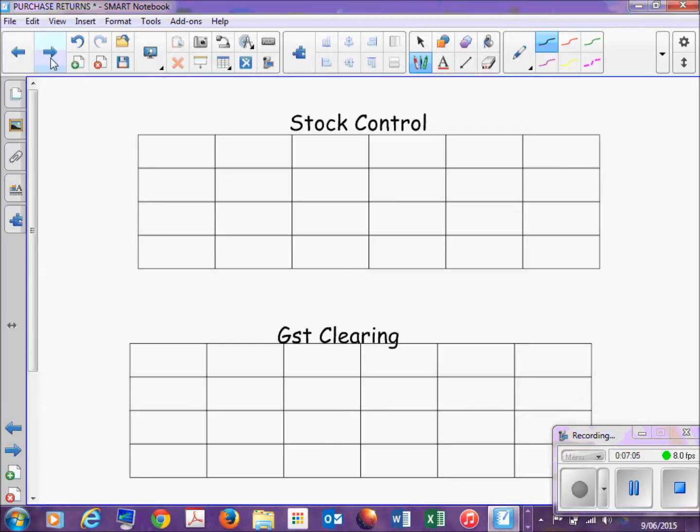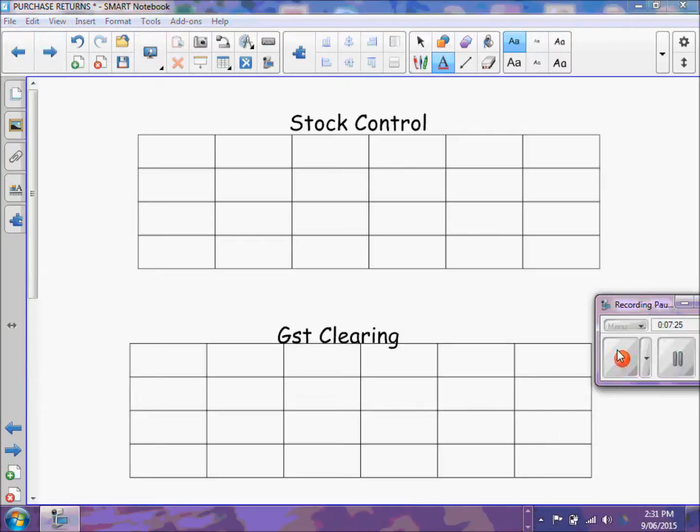All right. Let's do the ledger accounts. So you need to draw yourselves up 4 ledger accounts. Give yourself about 4 lines for each of them. 4 ledger accounts: stock control, GST clearing, creditors control, creditors subsidiary. We're recording again. So, first of all, a normal stock control account will have a balance on what side?